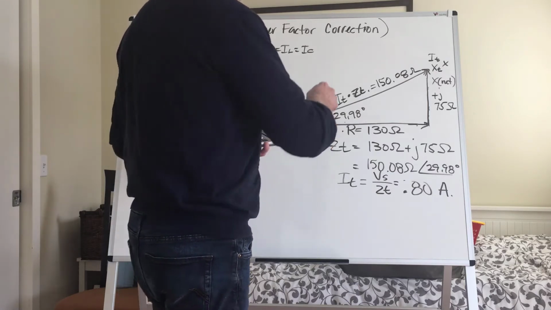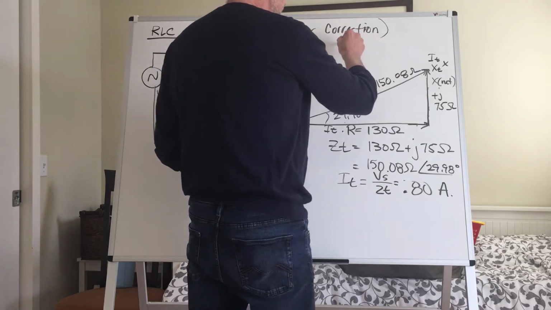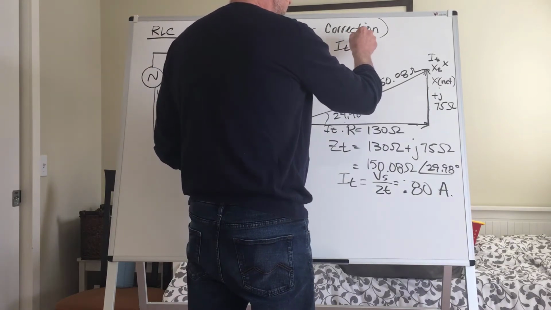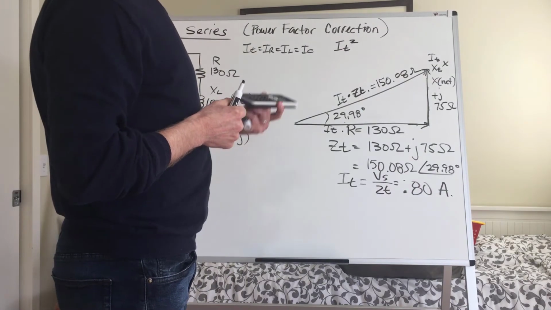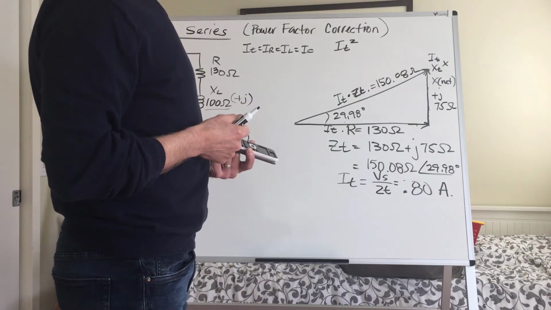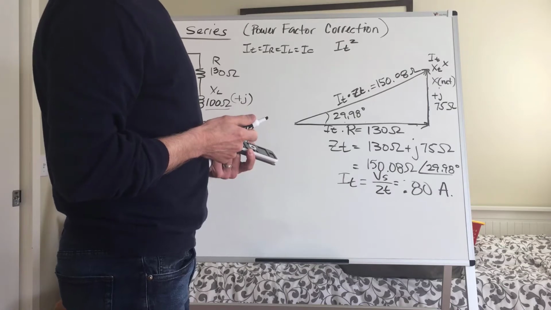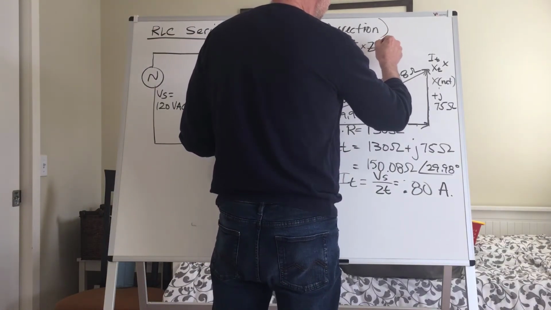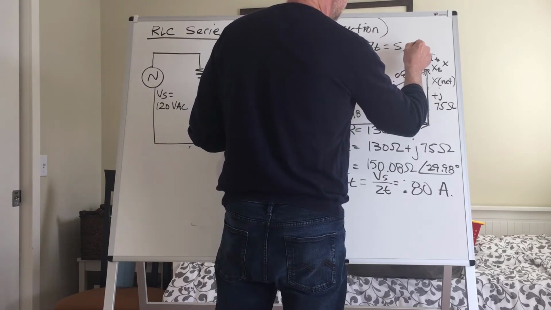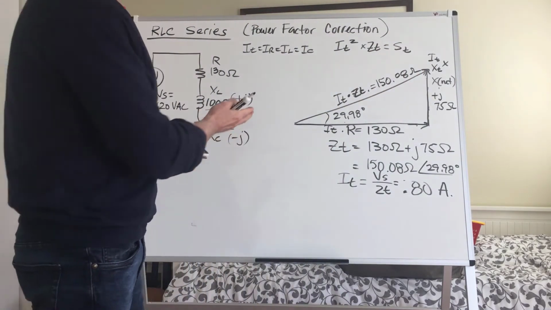So it means that our I total squared value is a common approach to determining our powers now, both our real and reactive power. So I total squared times Z total is going to equal S total. That's going to equal our total VAs, right?